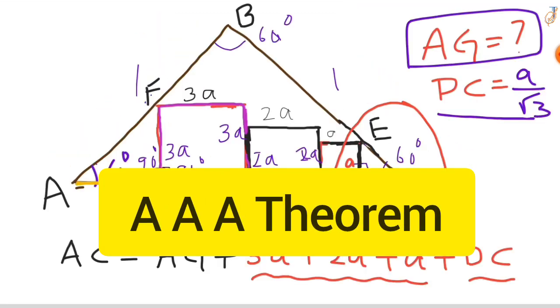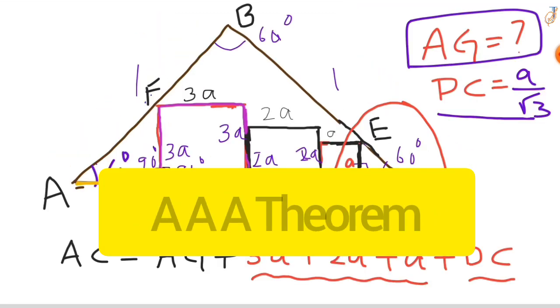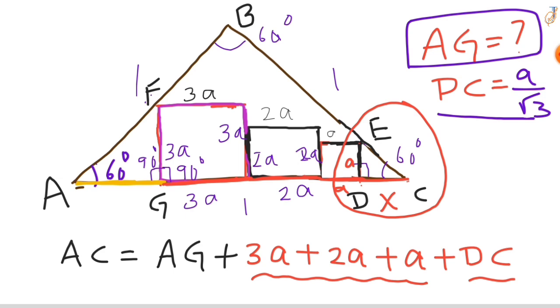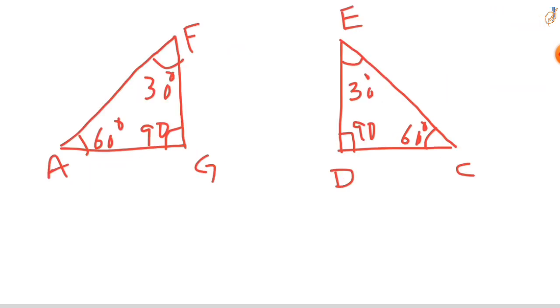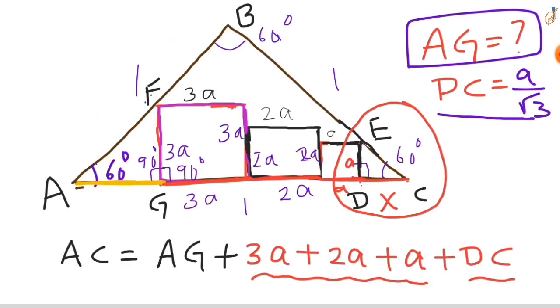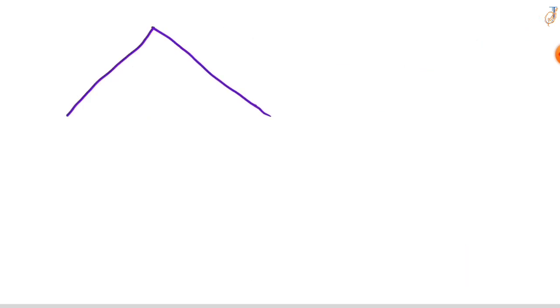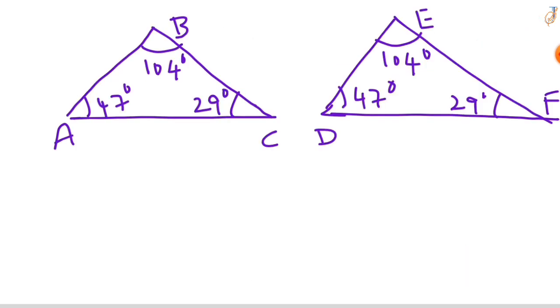According to the angle theorem, two triangles are similar if and only if their corresponding sides are in the same ratio. For example, if we have two triangles where the angles are the same, then their corresponding sides are in the same ratio.